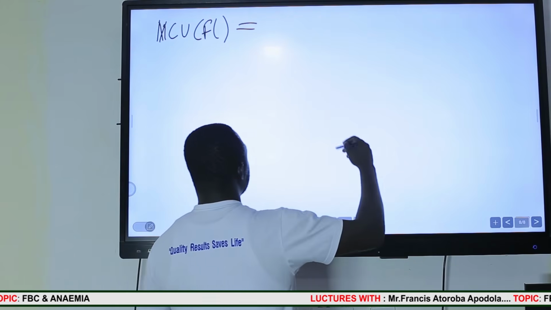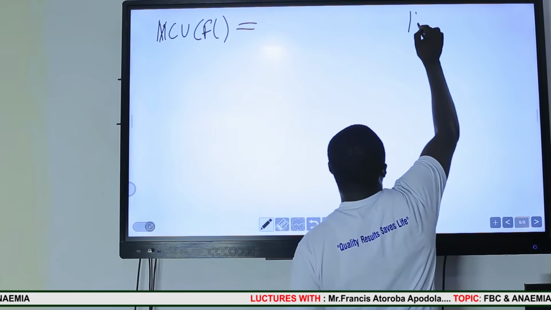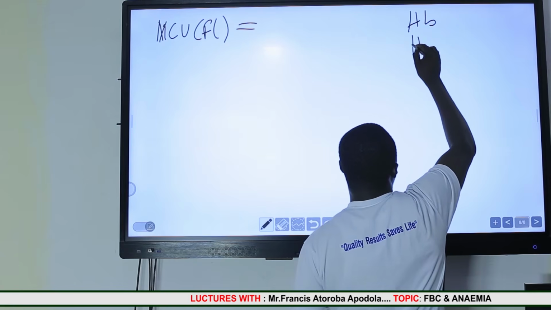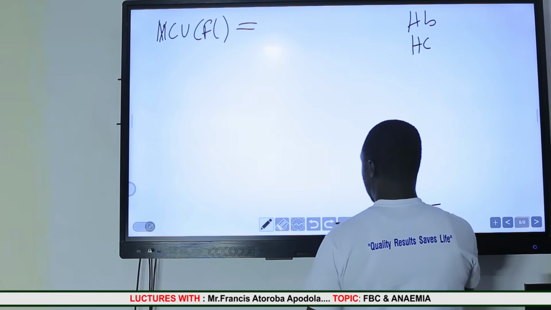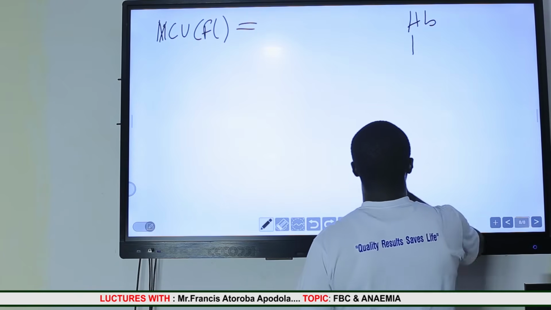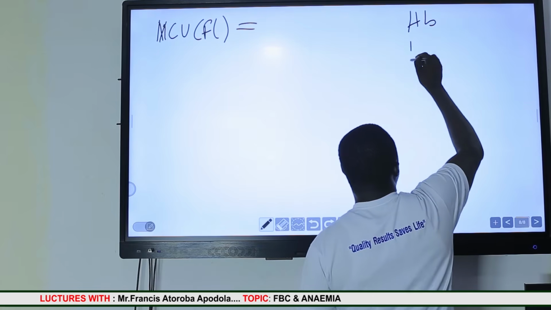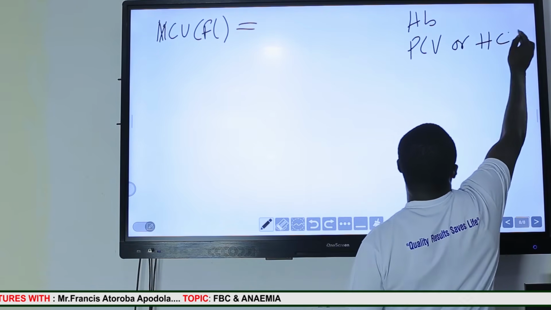What do we need in order to calculate the red cell indices? We need the HB of the patient. Is that not it? We need the hematocrit. What is the other name for hematocrit? Packed cell volume, or hematocrit.